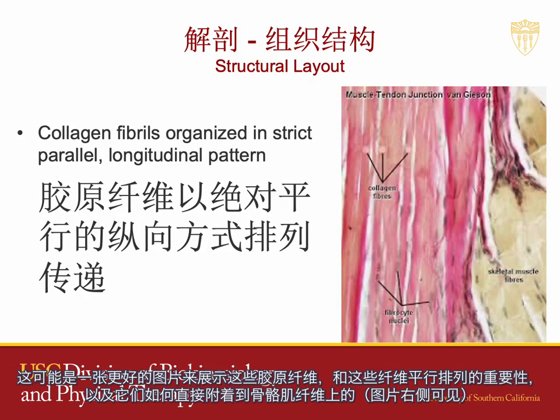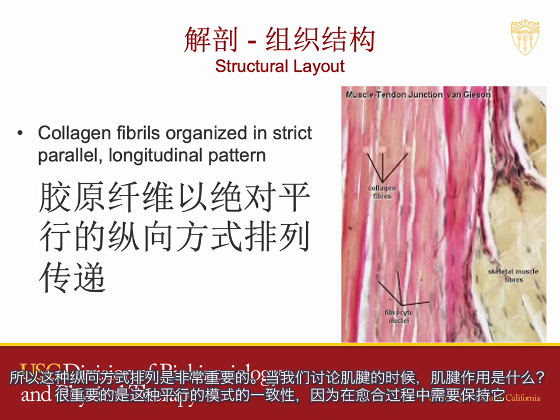This is probably a better picture to show you those collagen fibers and how important it is to have that nice parallel grouping of those fibers, and how they attach directly into the skeletal muscle fibers on the right side of the picture. That longitudinal pattern is really important for what the tendon does, and it's important that the parallel pattern is as consistent as we can keep it during our healing process.